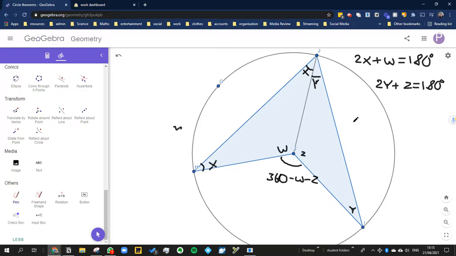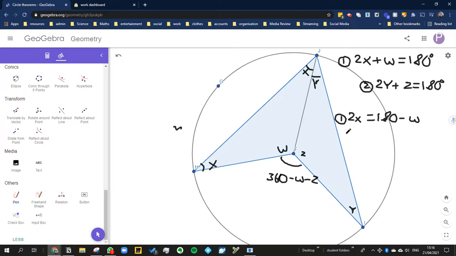Well, let's identify some of these equations. So this is equation 1, and this is equation 2. We're going to rearrange equation 1 to say 2x is equal to 180 minus w.